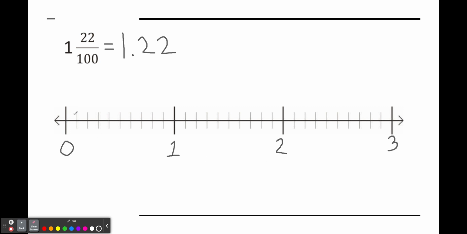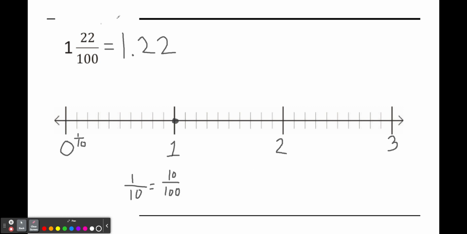Now, each of these smaller tick marks represents 1 tenth. So I can see here that I have one whole, right? So I have one whole over here, but I still need 22 hundredths. Well, I know that 1 tenth is equal to 10 hundredths.